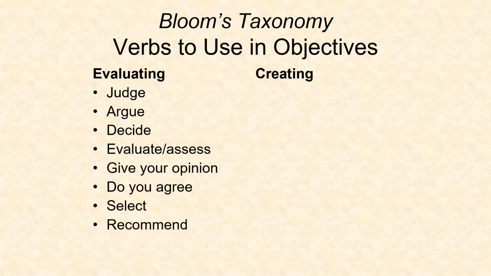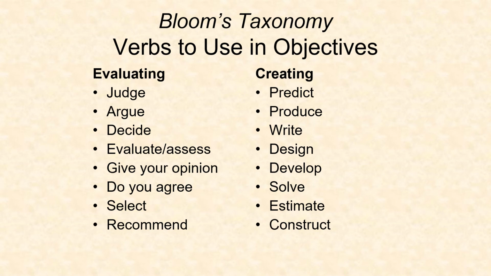If they can do all of these steps based on Bloom's hierarchy, then they're ready for the last step in the hierarchy, and that is creating something based on all their experience with this content. Can they produce something, write something, design, develop, solve, estimate, make something, construct something, predict something? That's the highest level of demonstration of their knowledge in a certain area.